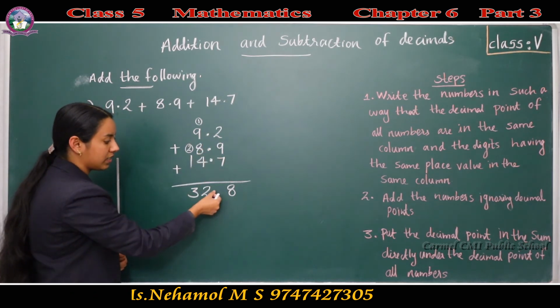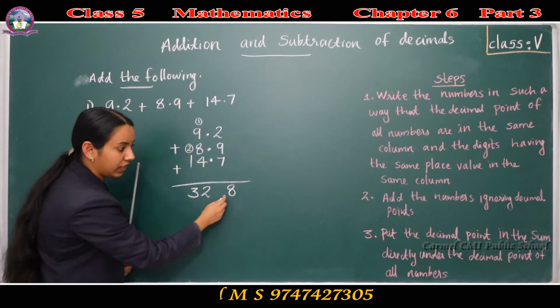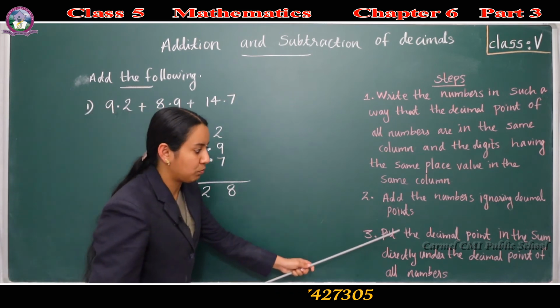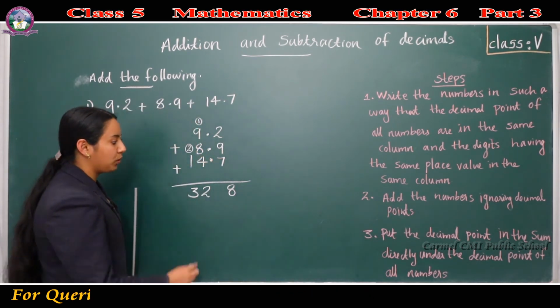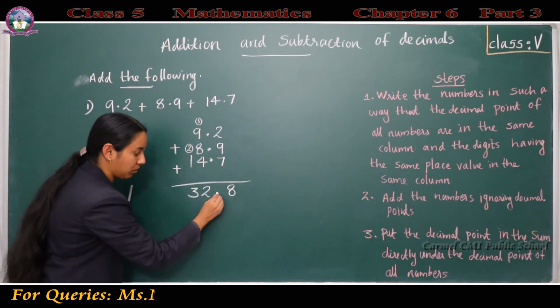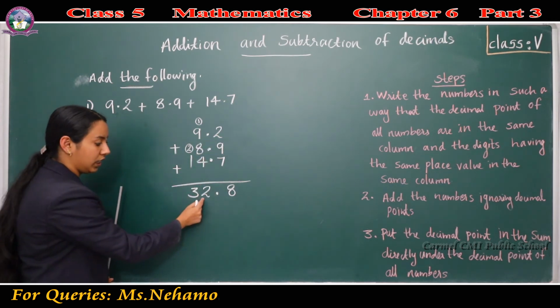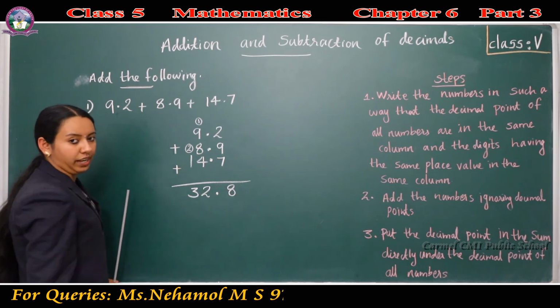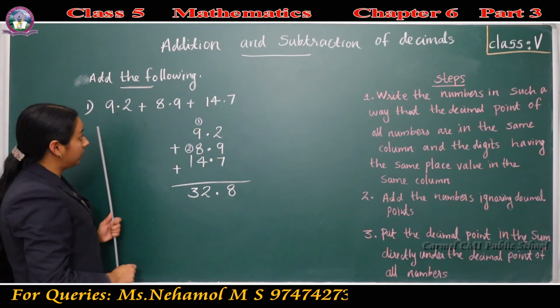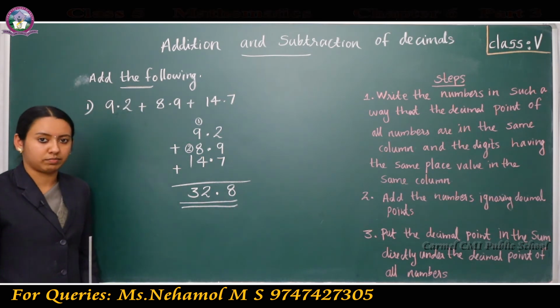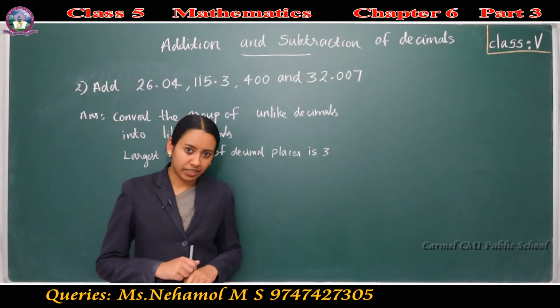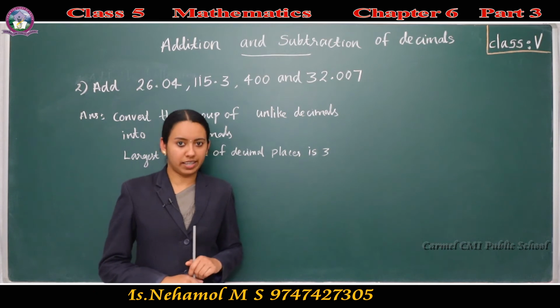Then the next step, put the decimal point in the sum directly under the decimal point of all numbers. So we have to put the decimal point here. 32.8 is the sum of these decimals. 32.8 is the answer. So we studied how to add like decimals.